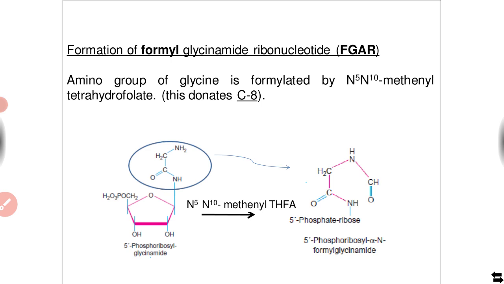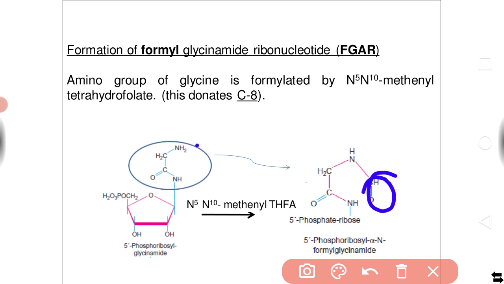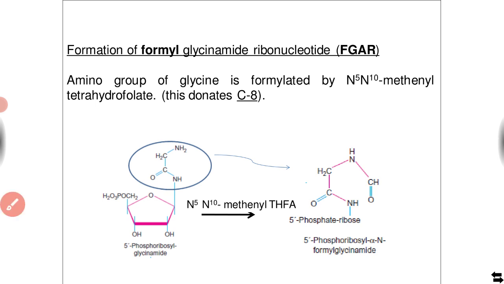So the NH2 here is formylated by N5,N10 methenyl tetrahydrofolic acid to form formyl glycinamide ribonucleotide. So what we have is glycinamide ribonucleotide, which is formylated to form formyl glycinamide ribonucleotide by the enzyme formylase.